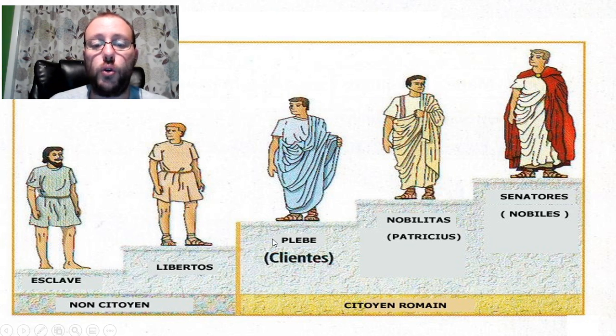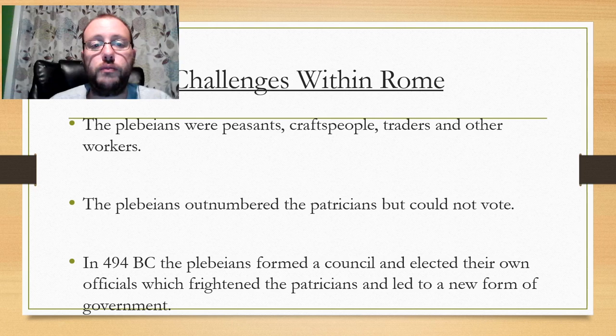The plebeians or the clientes, which would be the regular people that were citizens. The nobilitas, or the patricians, they were the nobles. And then you have the senatores, or the nobiles, which was the senators. That kind of gives you the idea of Roman citizenship and this social structure.